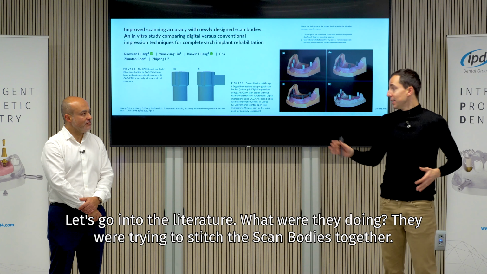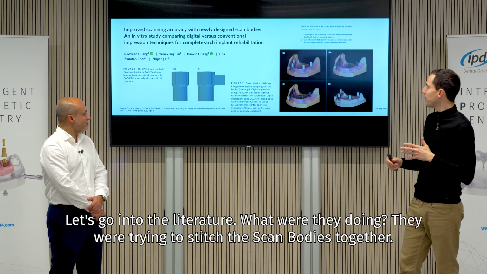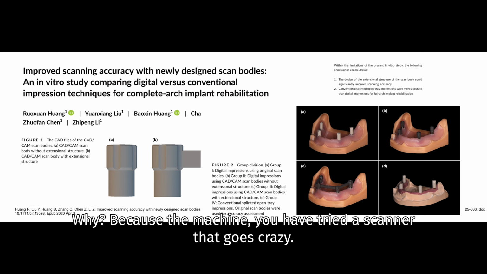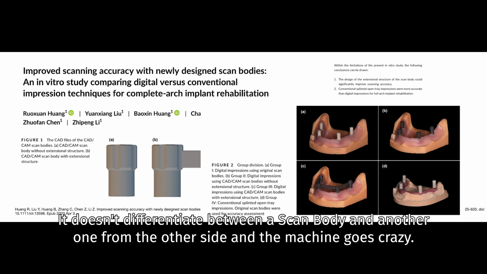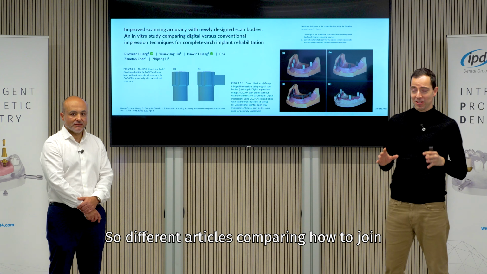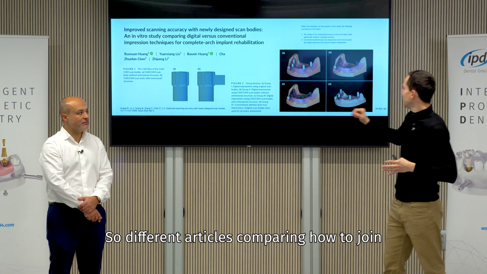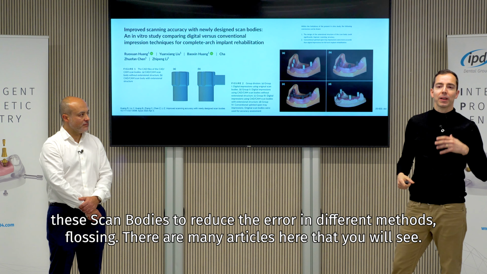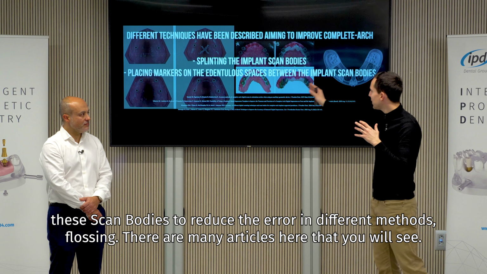There are also many articles. Let's go into the literature. What were they doing? They were trying to stitch the scan bodies together. Why? Because the machine, you have tried a scanner that goes crazy. It doesn't differentiate between a scan body and another one from the other side. So different articles comparing how to join these scan bodies to reduce the error in different methods, flossing.